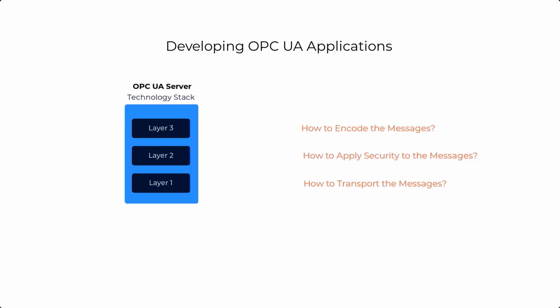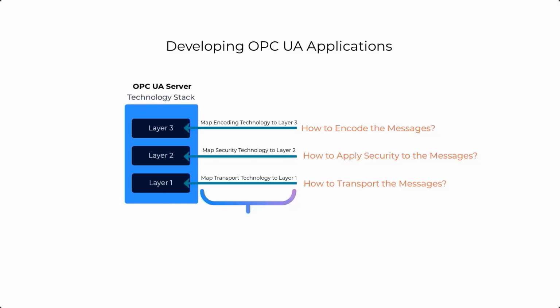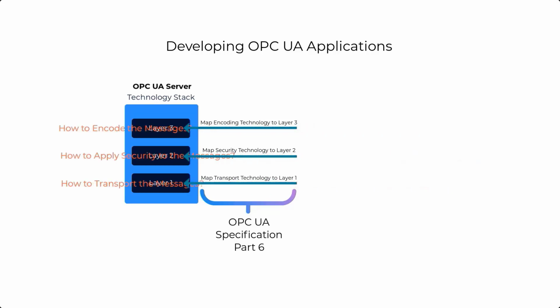So, how do existing technologies get integrated into an OPC UA technology stack? The answer is by mapping those abstract specifications onto a technology of choice using a technological mapping implementation as specified by the OPC Foundation. So, for the entirety of this video, we're going to dive deeper into how that works.